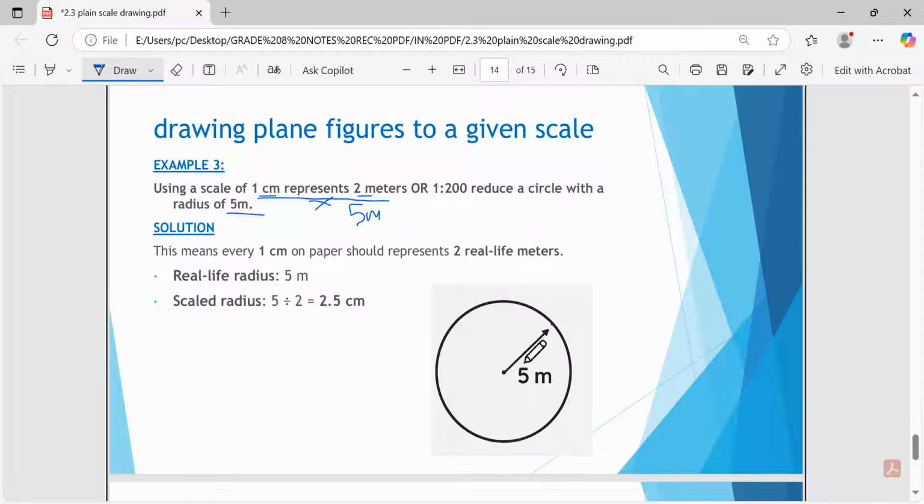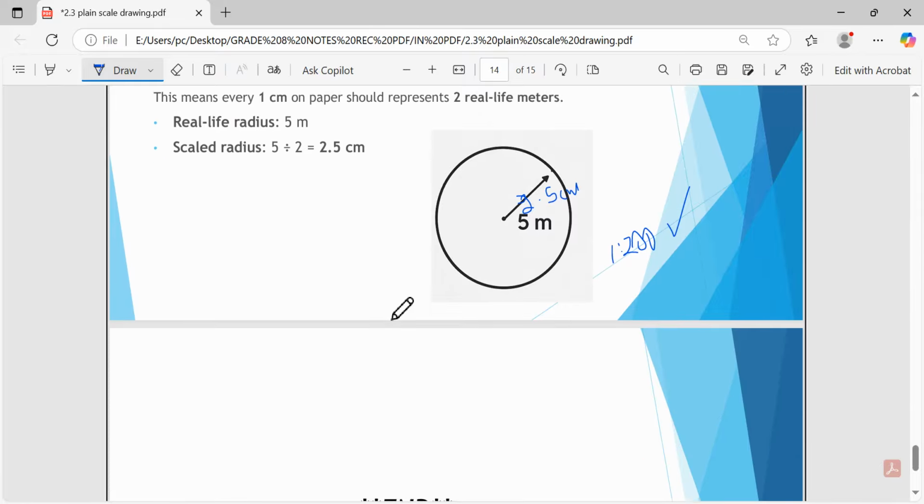So you just draw a radius of 2.5, come up with the circle, and then you can say that is 5 meters, or you can say it is 2.5 centimeters. And then somewhere down there write 1:200. So you get the idea of how these plane scales work.